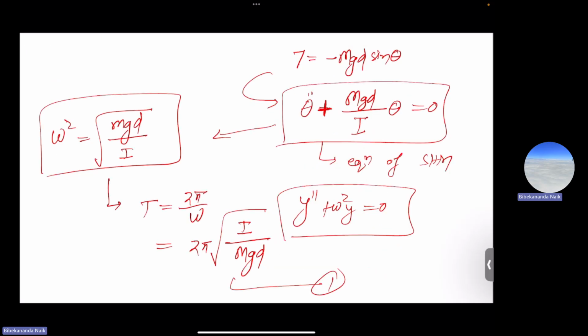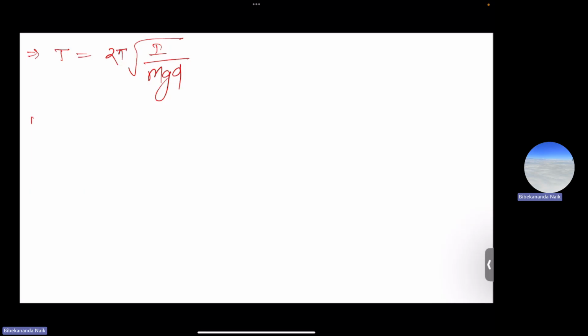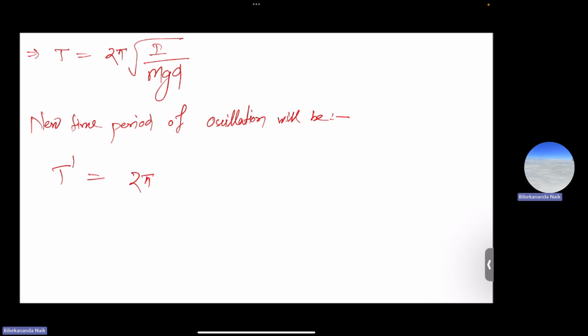So the new time period of oscillation will be T prime equals 2 pi square root over I prime divided by m prime g d prime. G is fixed, it is acceleration due to gravity, which is a universal constant.